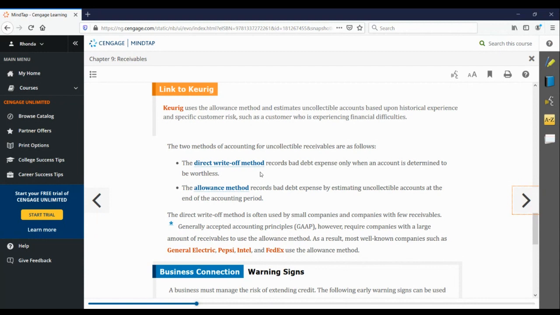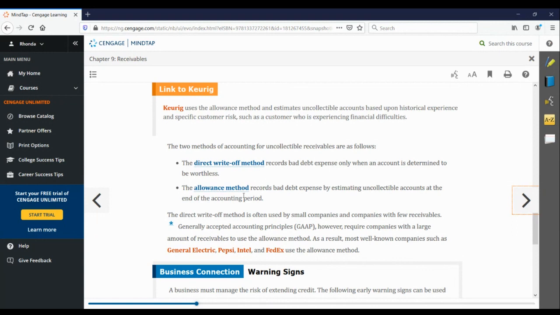For short, we call it the FASB organization. The FASB organization does not promote the direct write-off method, but they do tell you that it is acceptable if your company does not have a material amount of uncollectible accounts that they expect that they will be writing off in the future. So we can use it, but it's probably not the best method to use.